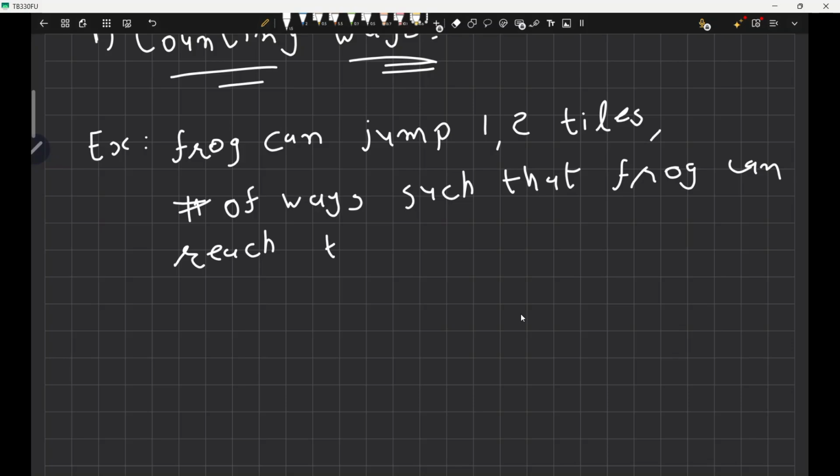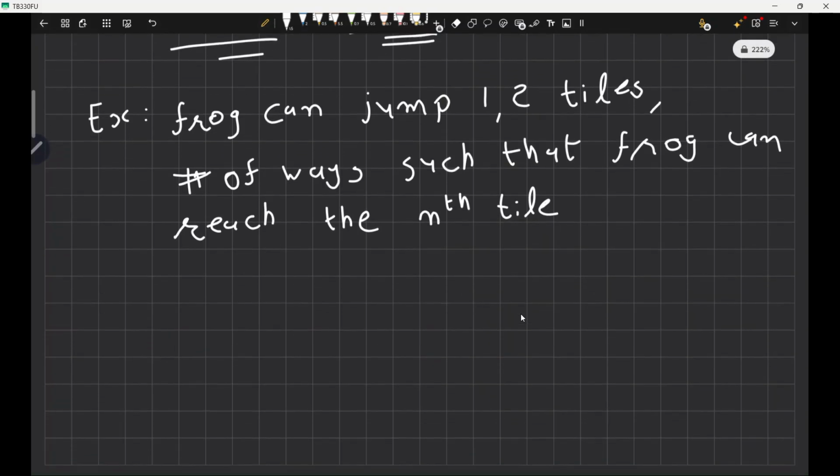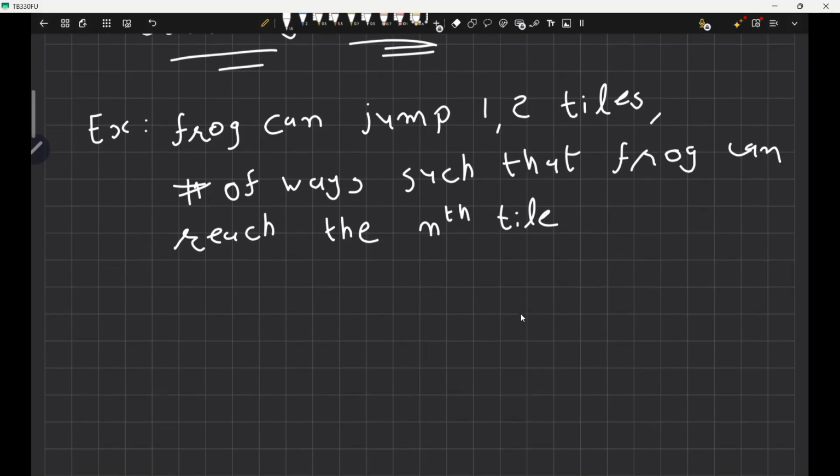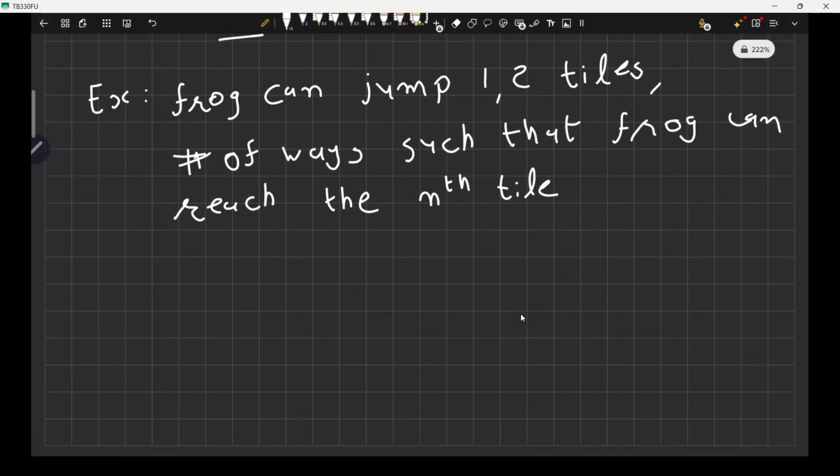This is a nice question. The nth tile, oh, it was not tile, it was stair, but that doesn't matter. How are we going to solve this question? Can anyone think of it? I hope that you can solve this one. Just a second.